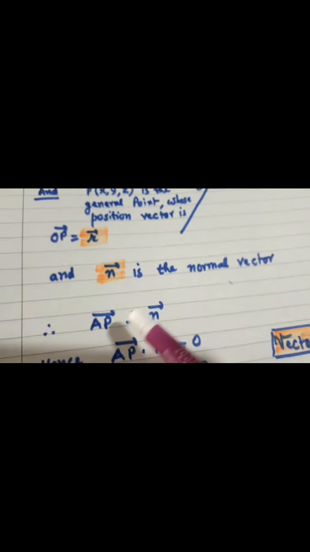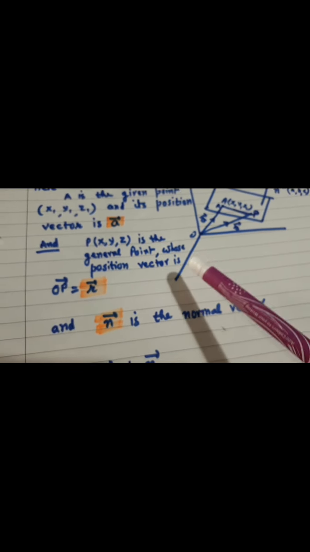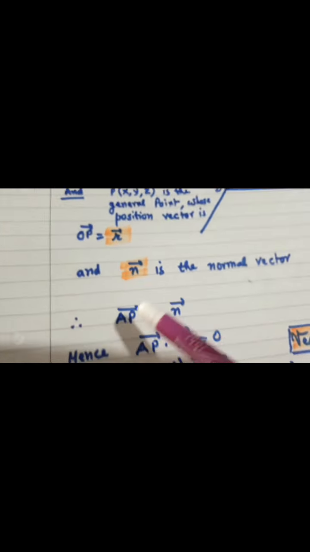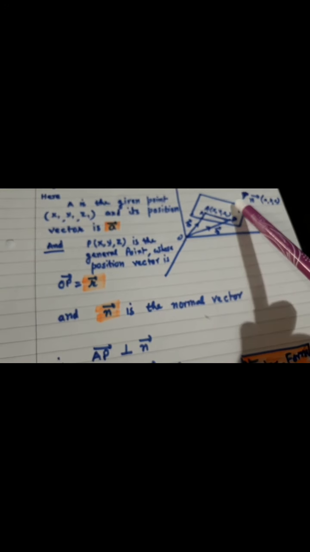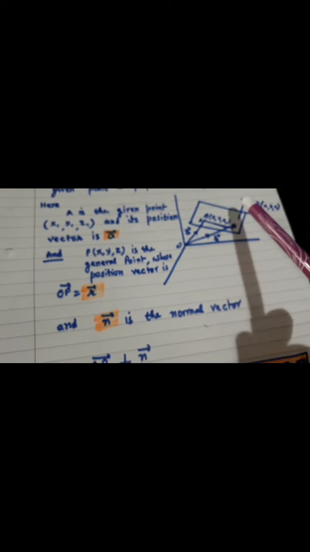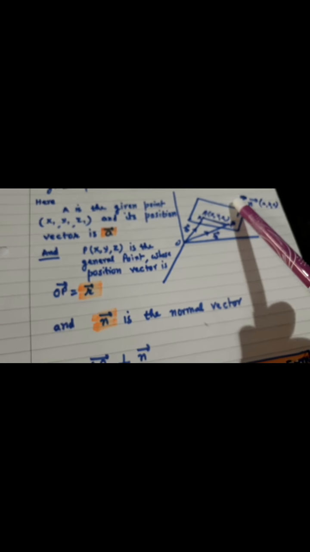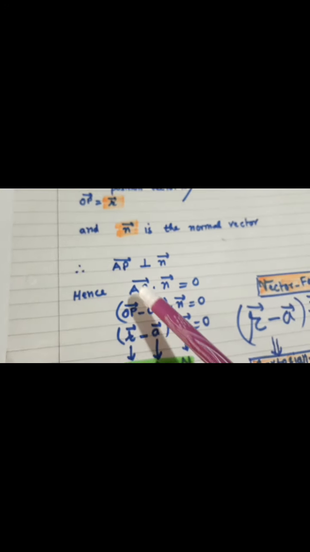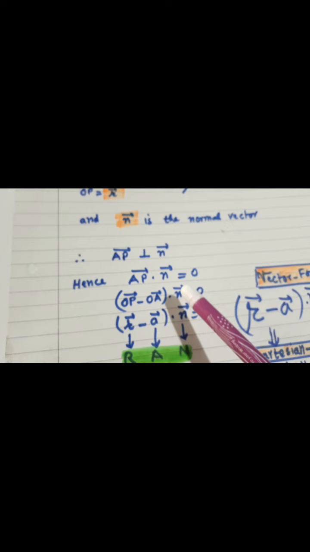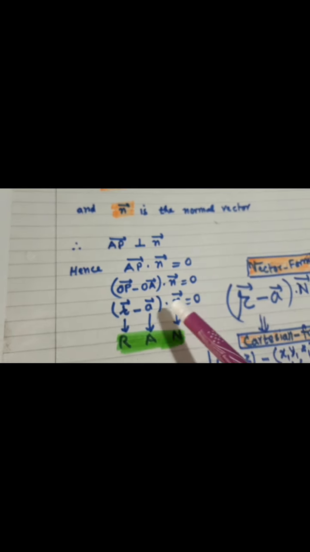Again, you see AP is perpendicular to N. So this and this are perpendicular, dot product will be 0. AP can be written as OP minus OA, dot n vector is equal to 0.